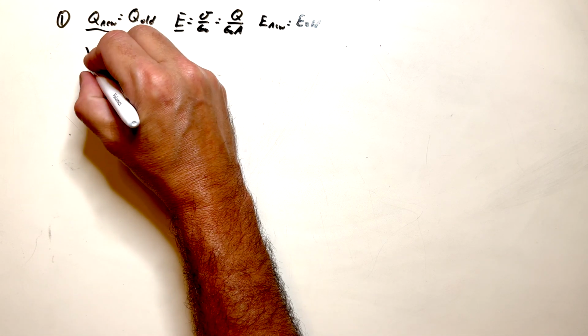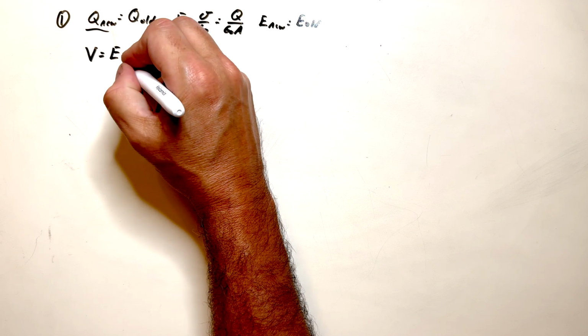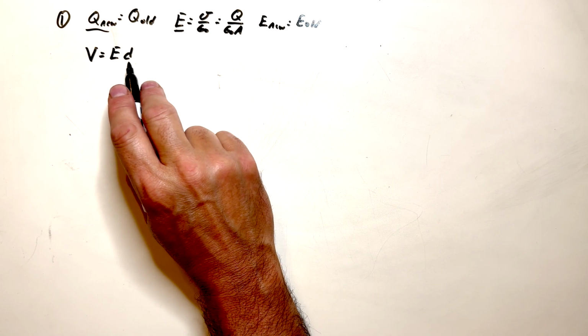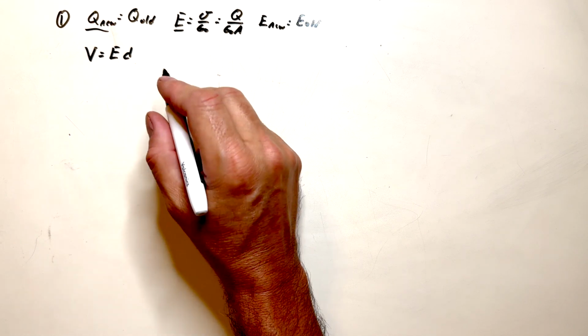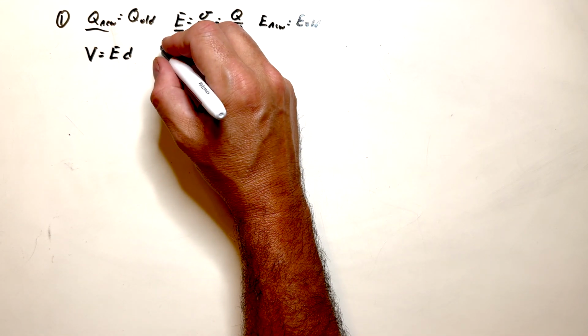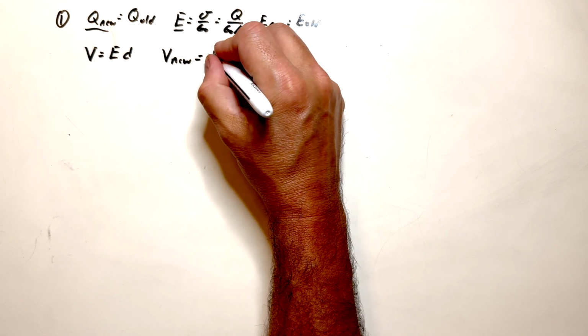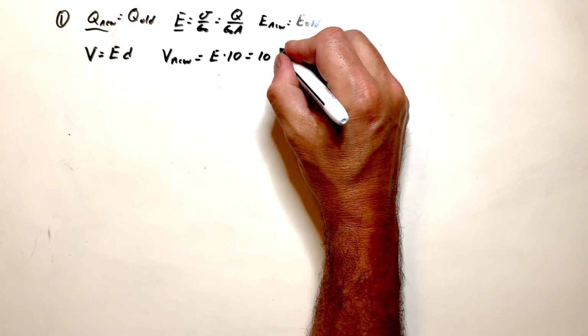However, the potential V is equal to E times d, and since d changes, going from 1 millimeter to 10 millimeters, and E is constant, that means that the voltage must change. So we can write that V new equals E times 10 d, which is equal to 10 times V old.